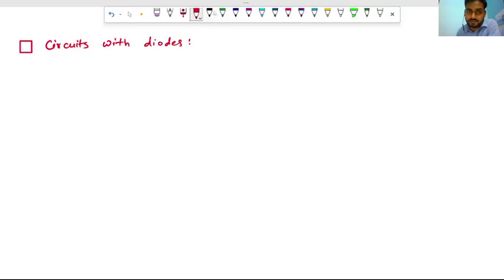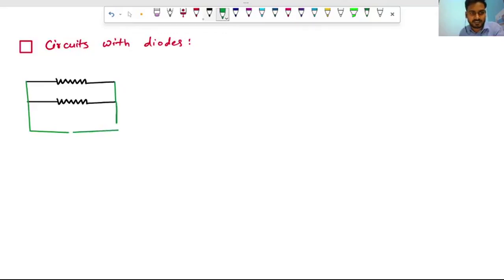Before going into the use of diode in a circuit, let us first discuss a circuit where there is no diode. So this is a resistance. Suppose I take one more resistance here and I am going to connect them in parallel. Now I will apply a voltage source.